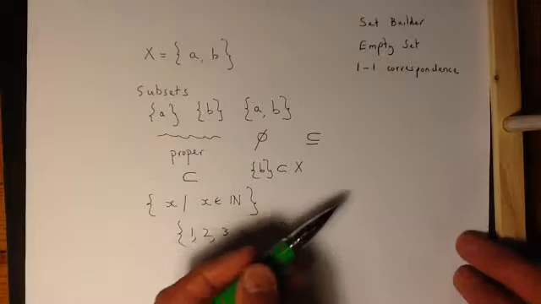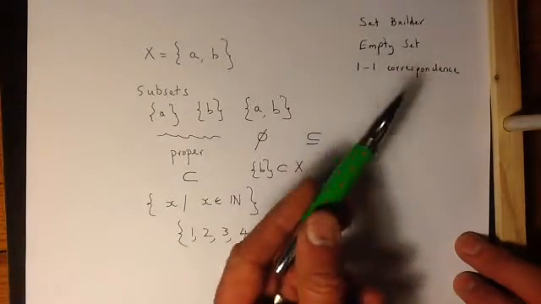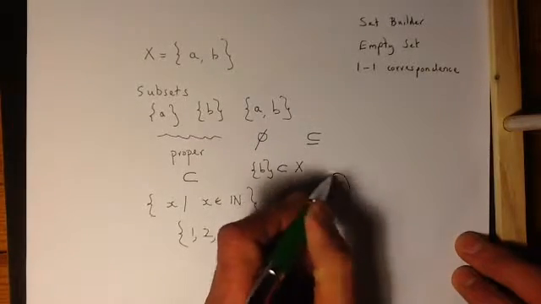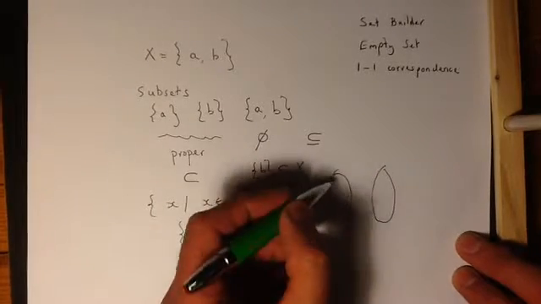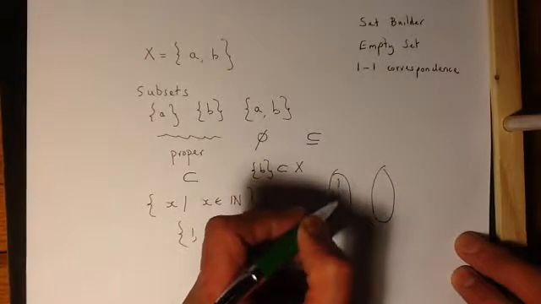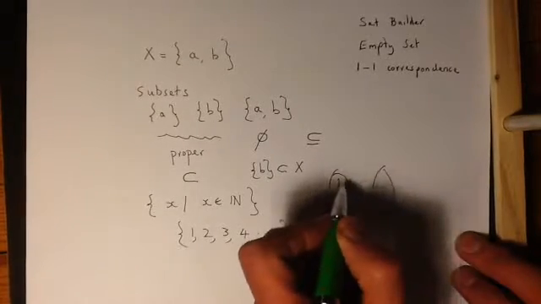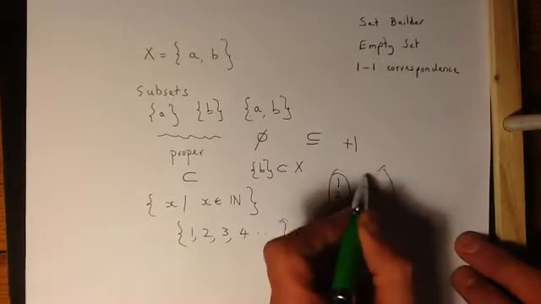Okay, lastly on this page, one-to-one correspondence. Let's say you've got, you remember these funky things from primary school, 1, 2, 3, these function machines. And let's say our operation is add 1.